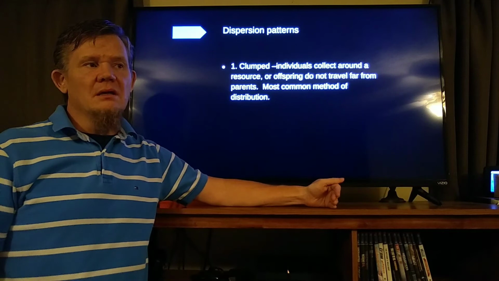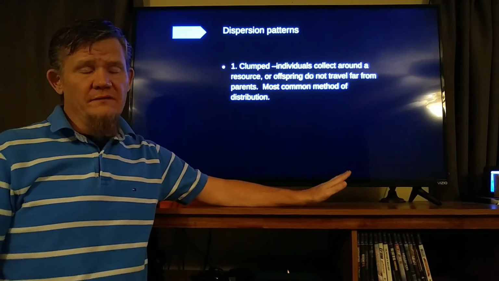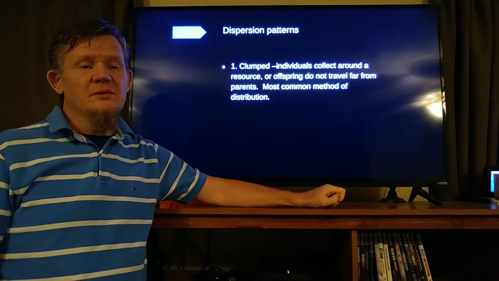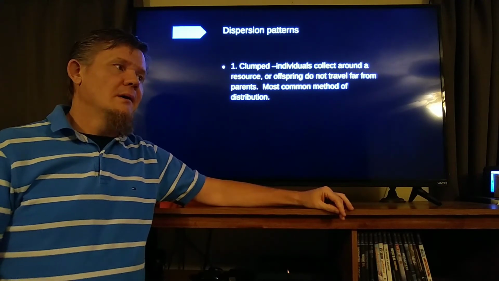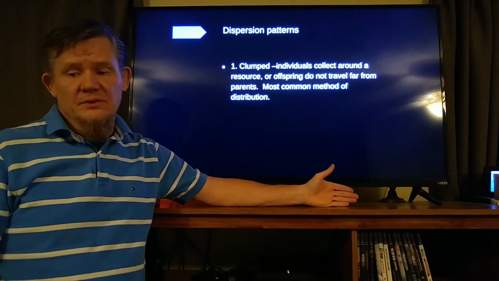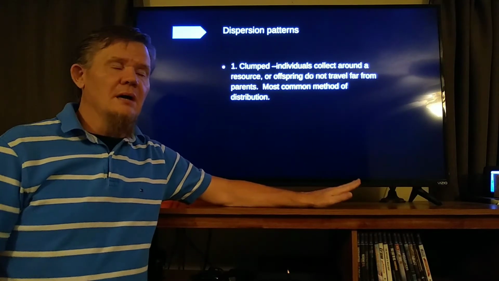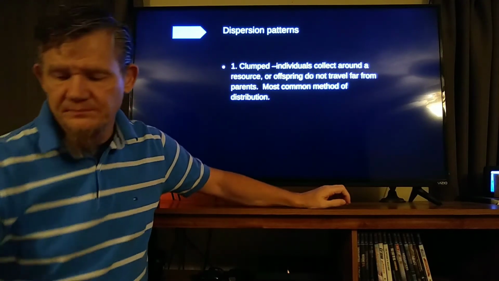It could be water availability, and it's very often water availability. It could also be some other limited resource, a nutrient in the soil, or availability of sunlight for plants. Very, very common, the most common method of dispersion.